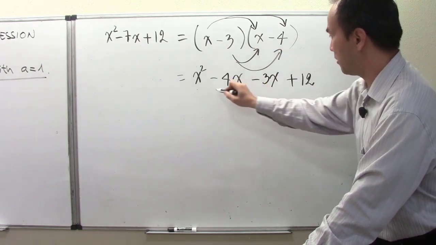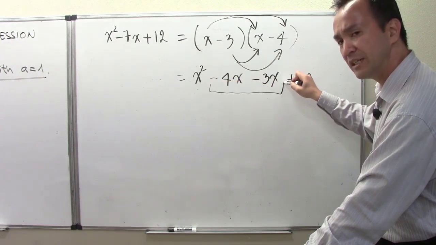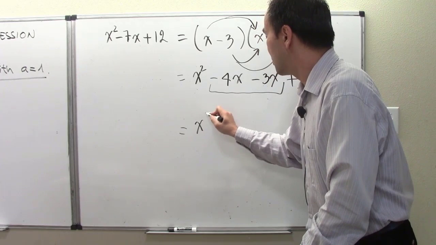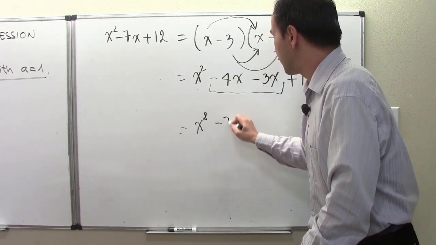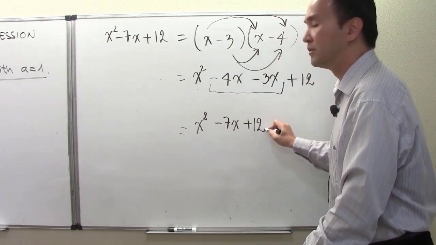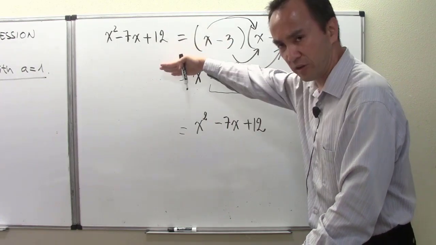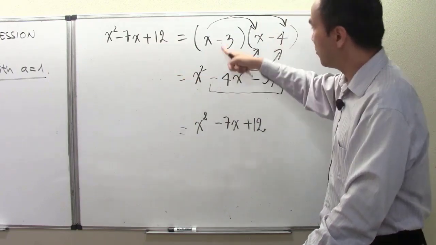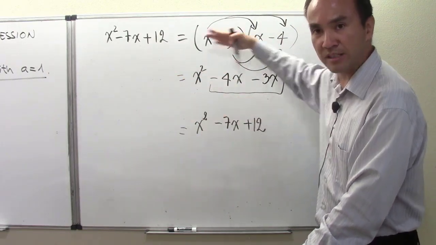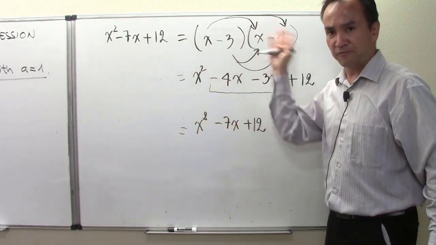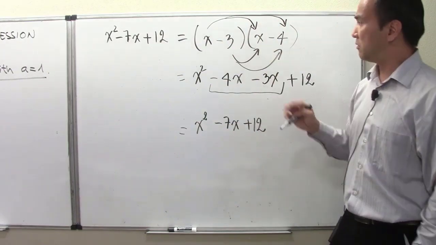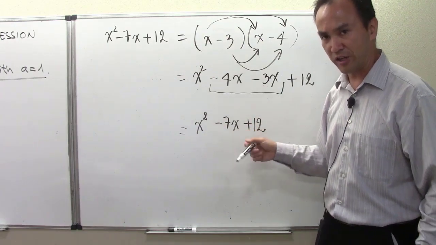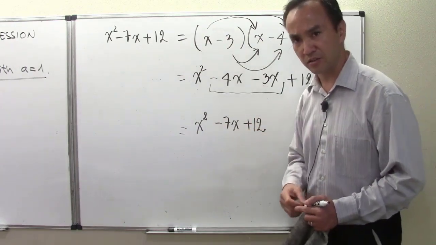Now combining like terms on these two terms, we're looking at the final quadratic x squared minus 7x plus 12. So after foiling out, we have landed exactly into the beginning expression. So now we know that we have done the correct factoring work. Checking your work will always ensure that your calculation is done correctly.